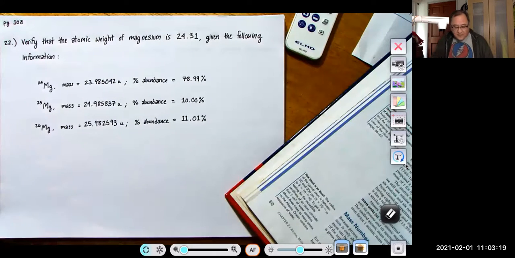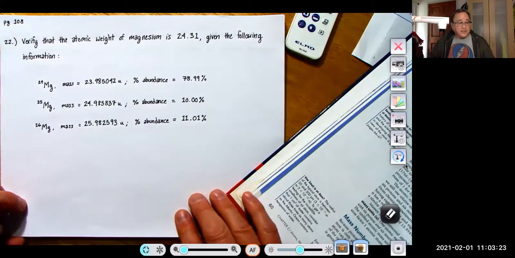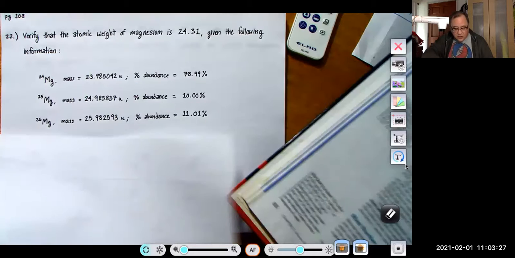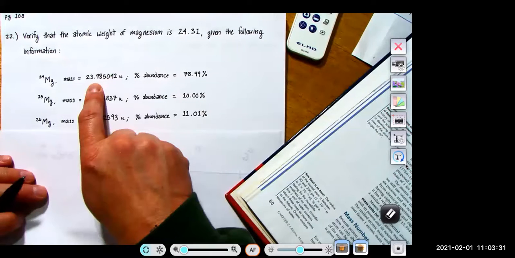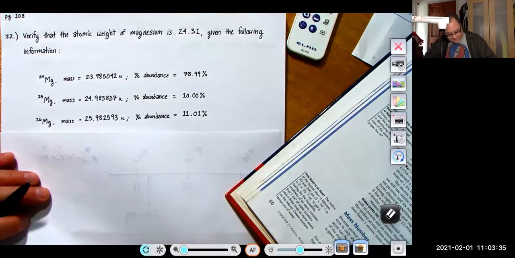So moving along, verify that the atomic weight of magnesium is 24.31 given the following information. So you need to know how to calculate atomic weight if you're given the mass and the percent abundance. So here's the formula.